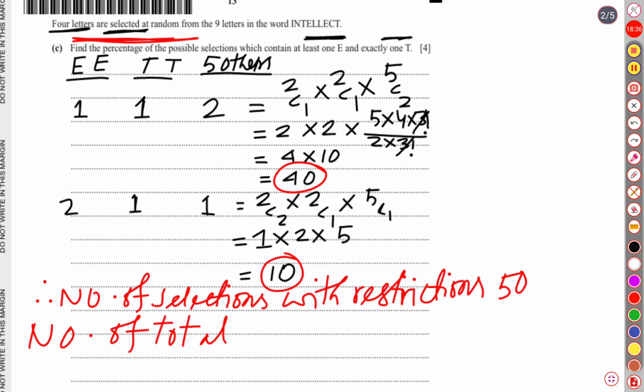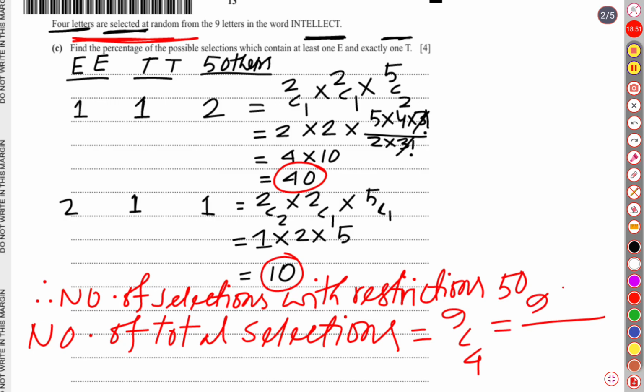The same concept we are going to apply. There are 9 letters. Out of 9 we are going to choose 4, so it is going to be 9 factorial over 4 factorial into 5 factorial.